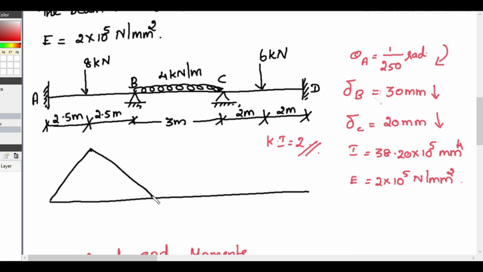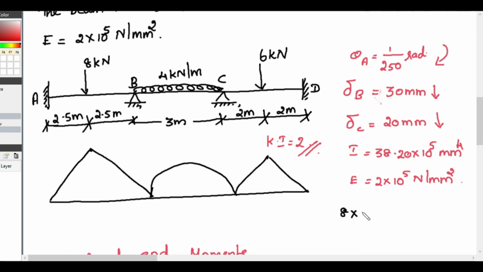For BC, it will be a UDL. For CD, the maximum value will be at this point. The value here is not WL square by 8, it is WL by 4. So first in the span AB, it is WL by 4.